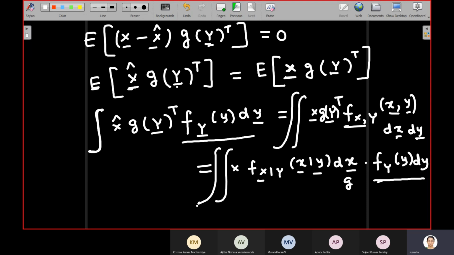Okay, I'm just writing here g. So you see g of y transpose f of y is there on the left side. Similarly, on the right side also we have the same thing. And they are always equal for any y. This condition holds. Therefore, x hat must be equal to the inner integration.